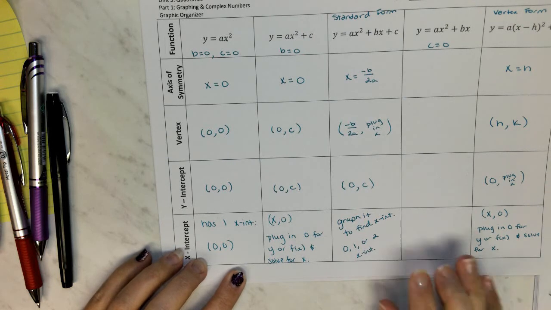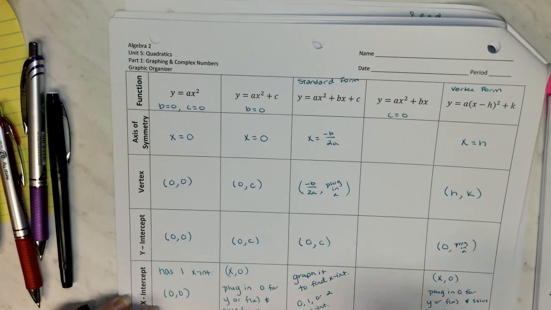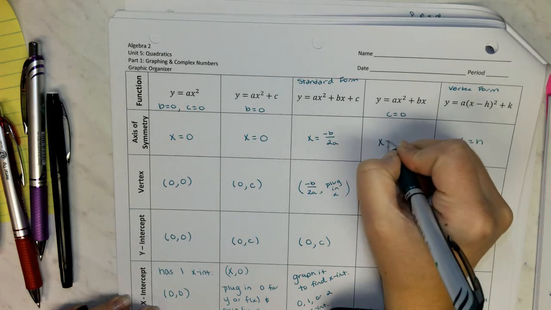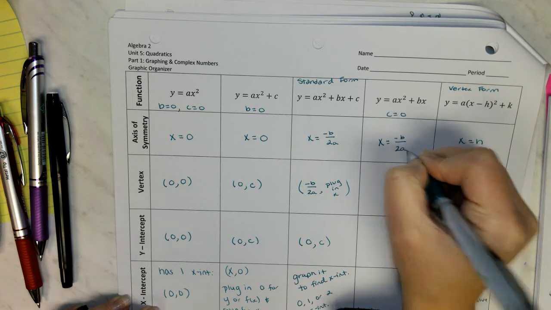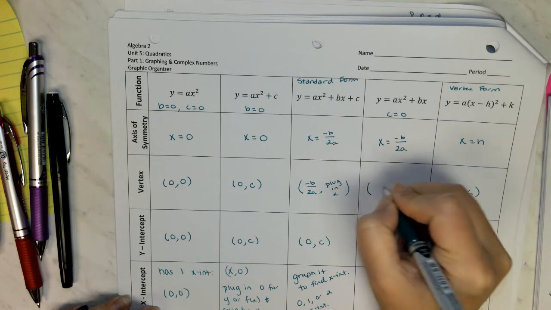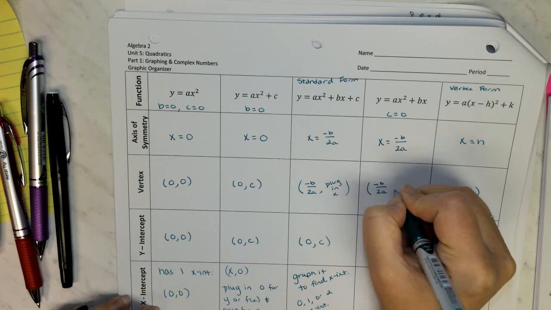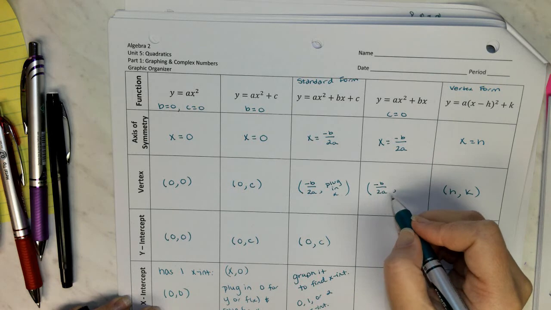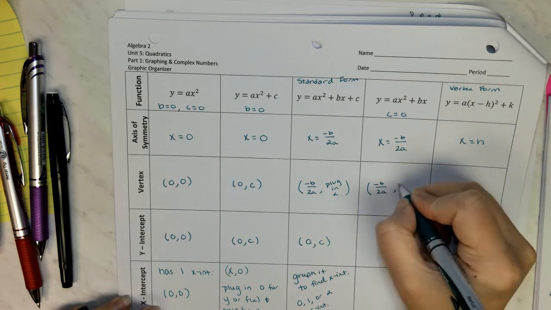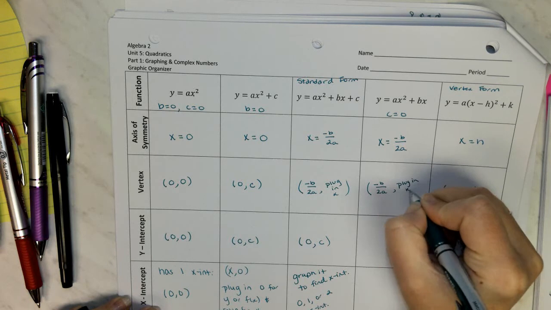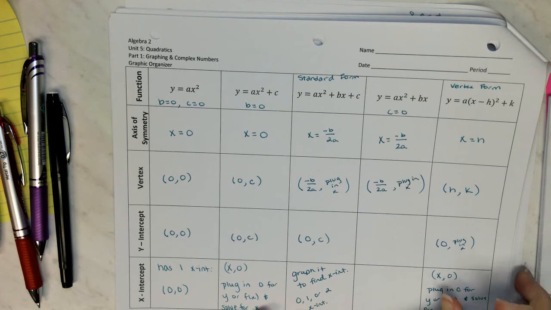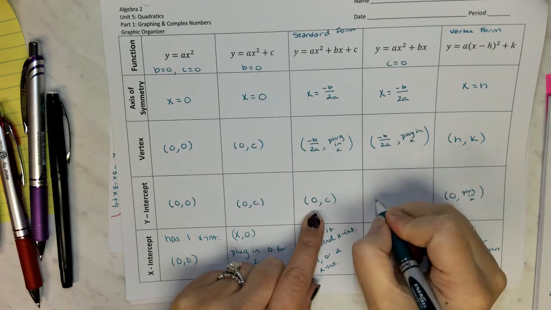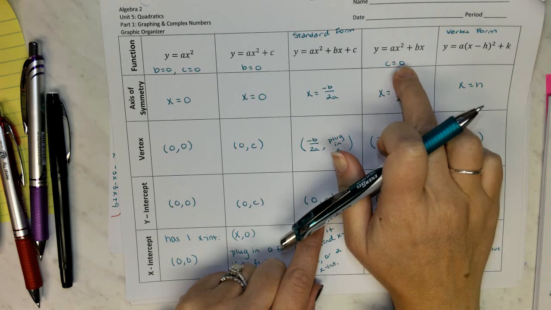Okay? Now, this one here. Since b and a are both values, then you're going to find the axis of symmetry the same way we usually do. You'll know that that will be the x value of your vertex, and you can plug in x to find the y. There's no shortcut there. However, if your y-intercept's at 0, c, and you plug in 0, and you say, okay, well, what's the c value?